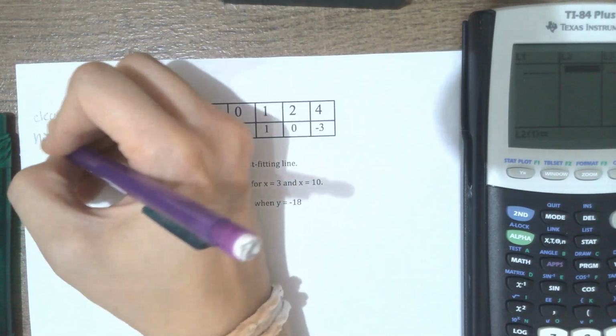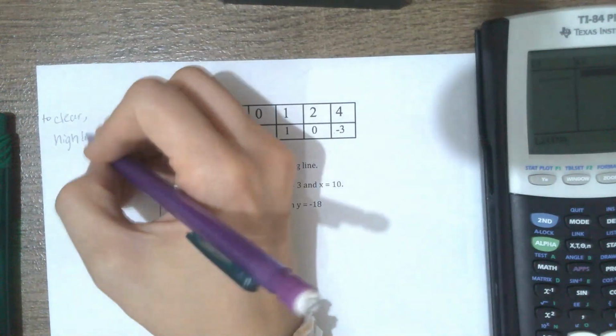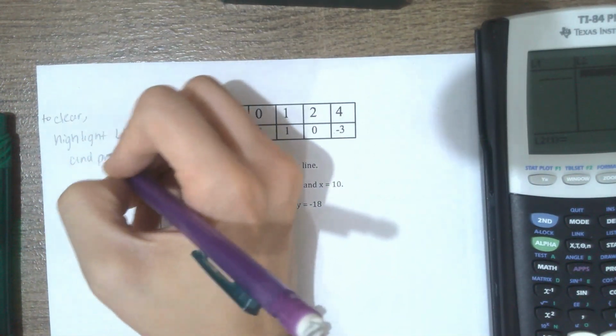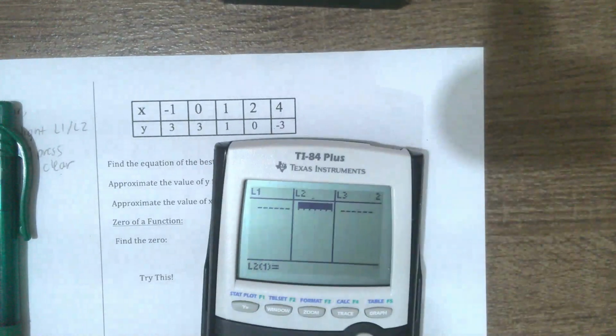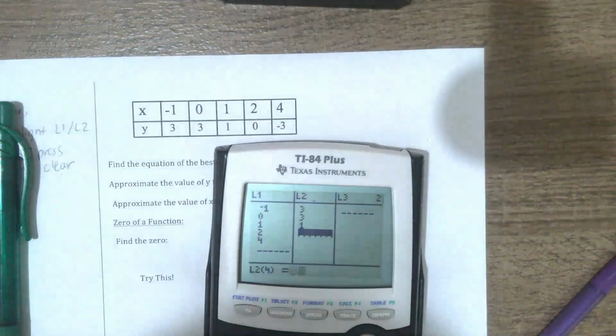Highlight L1, L2, and press clear. Okay, so we're going to put these in: negative 1, 0, 1, 2, 4, 3, 3, 1, 0, negative 3.